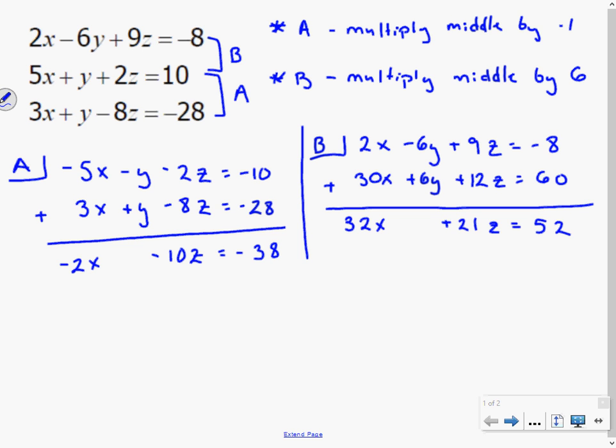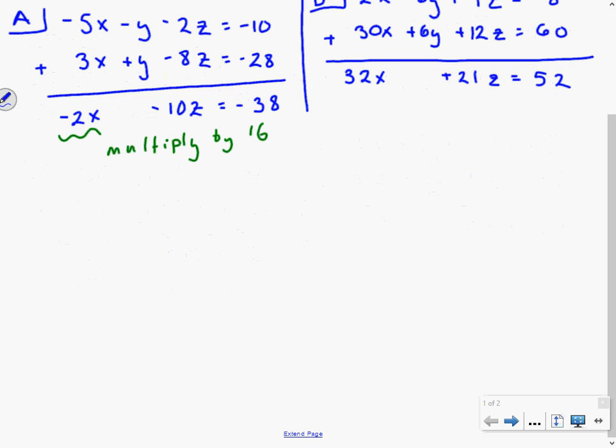I think it'll be easier to try to make this a -32x so that we can just add the equations together and cancel the x's out. So we're going to multiply this A equation by 16 when we rewrite this new system.